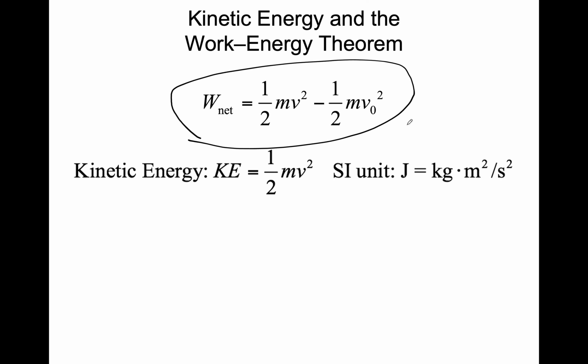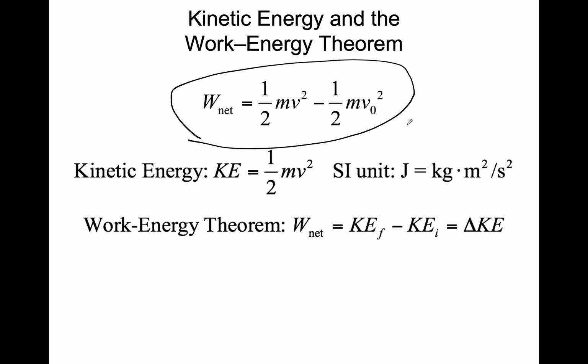The total work done on the object equals the change of kinetic energy. Work done by the net force equals the final kinetic energy minus the initial kinetic energy, which is the change of kinetic energy. So we can relate the work done by the net force to the change of kinetic energy of the system.